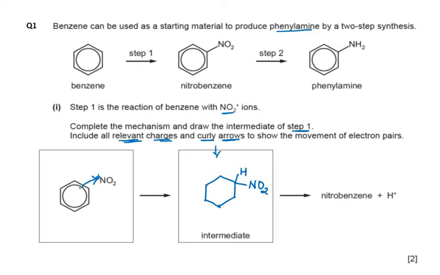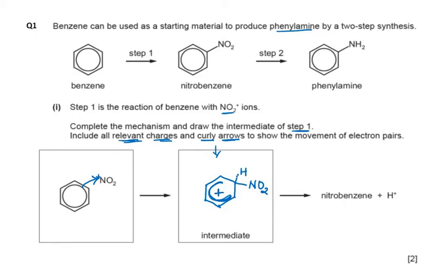Now this shows that the delocalized system of benzene is broken. So we can't draw a circle inside the benzene, but we have to draw a semicircle which covers more than half the benzene. So you should see here that I have drawn a semicircle which covers more than half a benzene with a positive charge at the center.